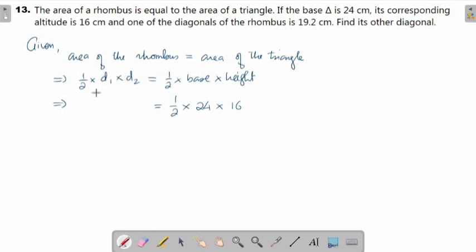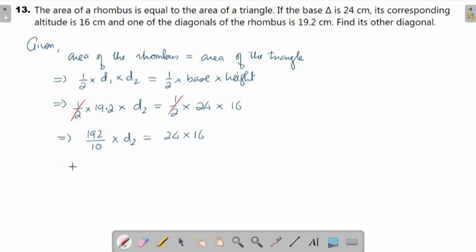One of the diagonals is given, which is 19.2. So we have half into D1, which is 19.2, into D2. D2 gives me the length of the other diagonal, and that's what we need to find here. You can directly cancel half and half here. You can write this 19.2 as 192 by 10 into D2, and we have 24 into 16 on the other side.